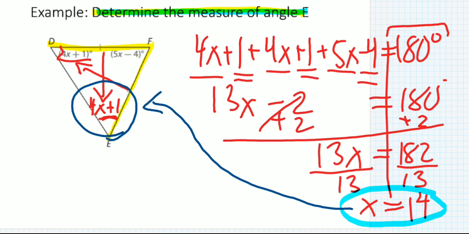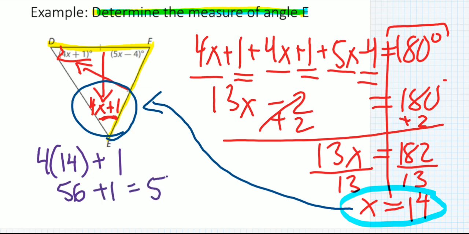Plugging it back in, we have 4, and x would go there, but we know x is equal to 14, and then plus 1. 4 times 14 is equal to, what is that, 56? Plus 1 is equal to 57 degrees.